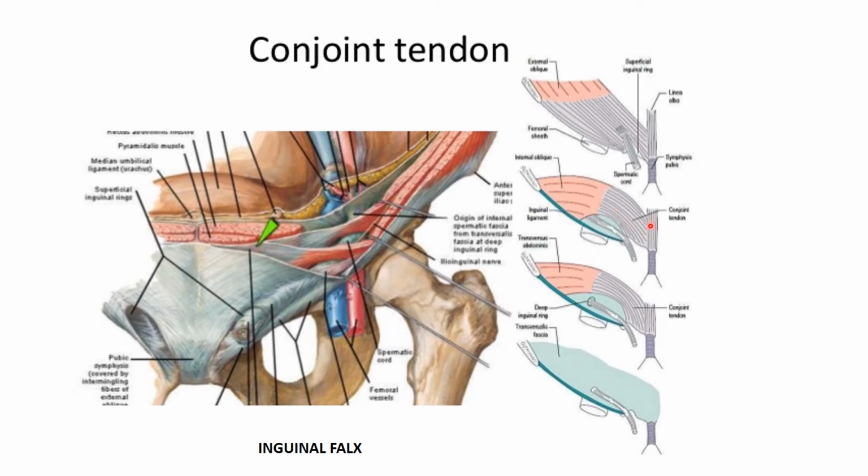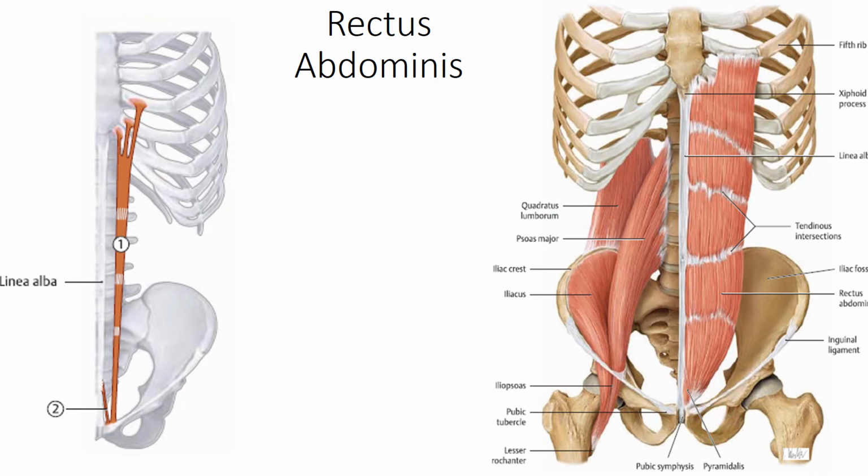Here it is also shown how it is formed and attached to this portion of the pubic crest, pecten pubis, and linea alba. Now rectus abdominis is a long strap-like muscle occupying the area just lateral to the midline, and these paired recti are separated in the midline by the linea alba.